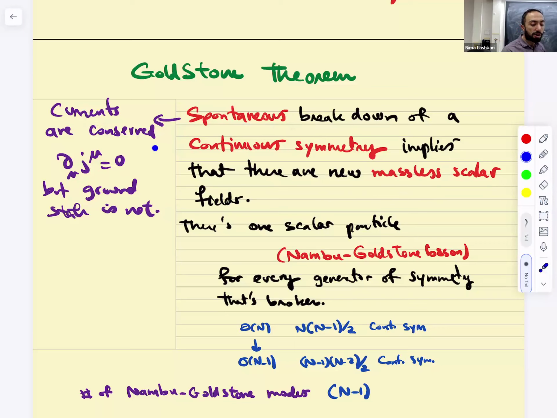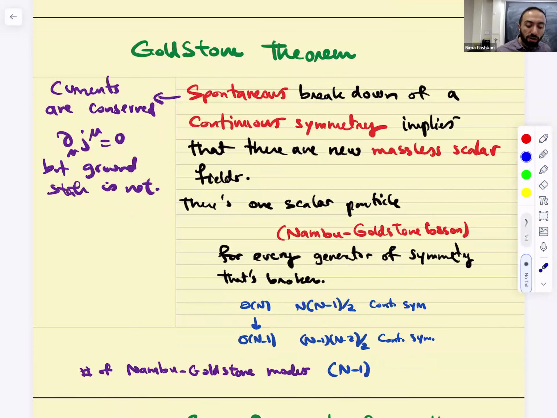Spontaneous means currents are conserved. You still have del mu j mu equals 0, as you expect from a Noether current. But the ground state is not preserved under the action of the symmetry transformation. The symmetry transformation changes the ground state, but not its energy. So the ground state goes to a brand new ground state. So there's a subspace of ground states.